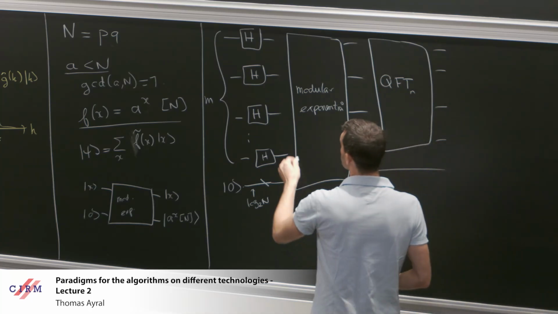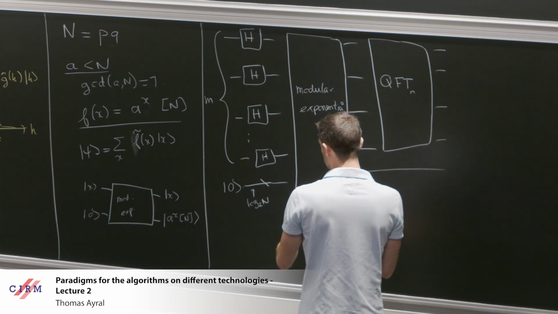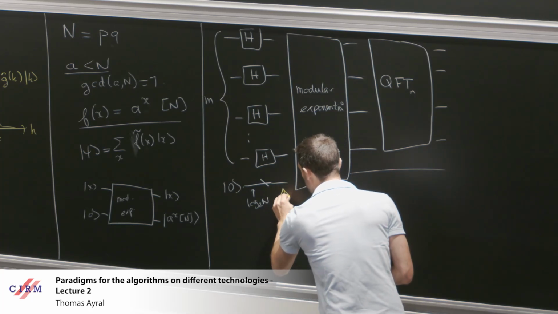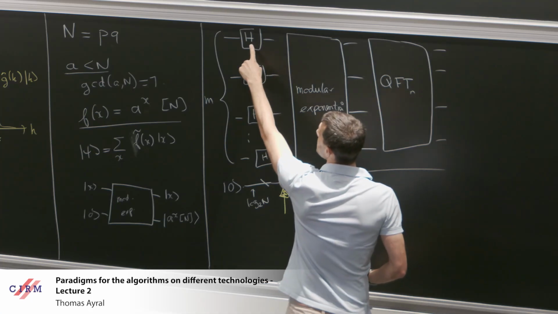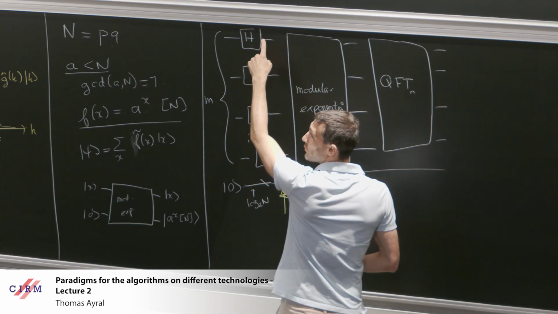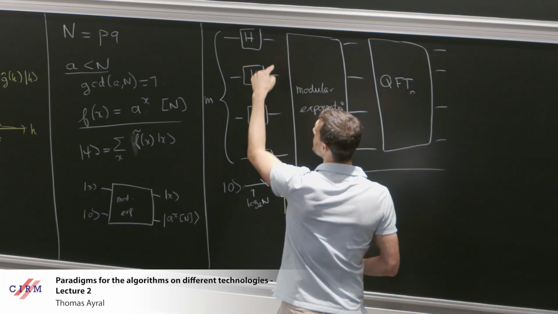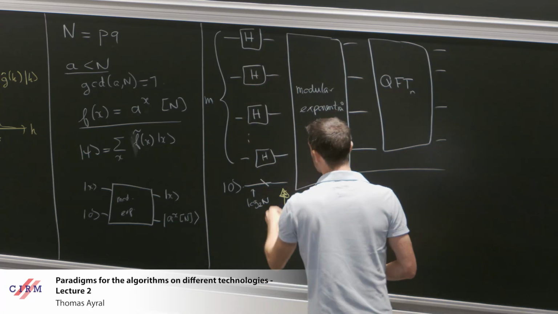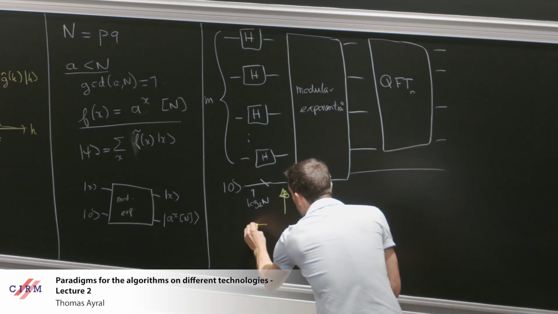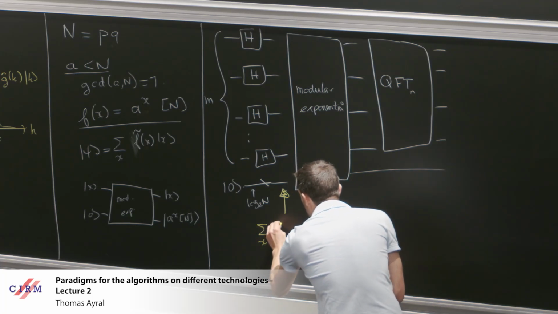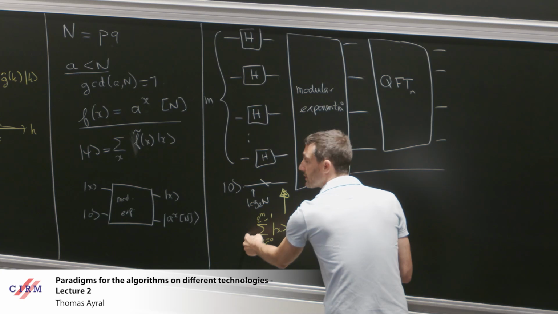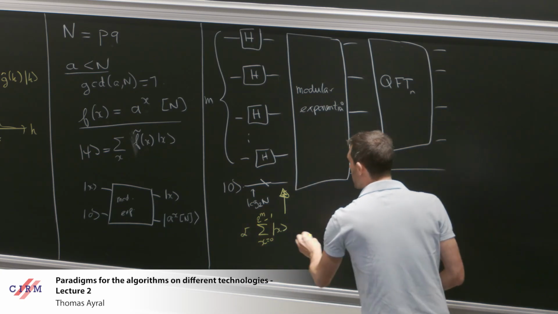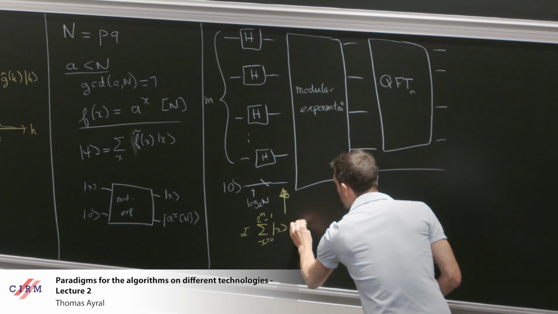So first we have to work out what is the state corresponding to this stage of the circuit. You remember that H, when applied to qubit 0, is (0 plus 1) over square root 2. So if we do it for each of the qubits in this wall of Hadamard gates, we end up with a state which is going to be sum over x from 0 to 2 to the m minus 1 of x, and here I'm going to forget all the 1 over square root 2 factors, so it's proportional to, okay, tensor 0.